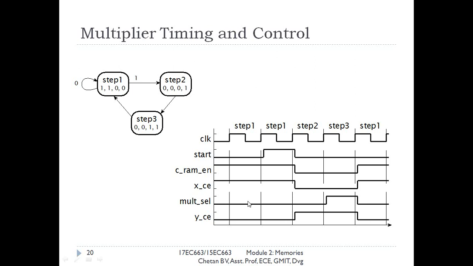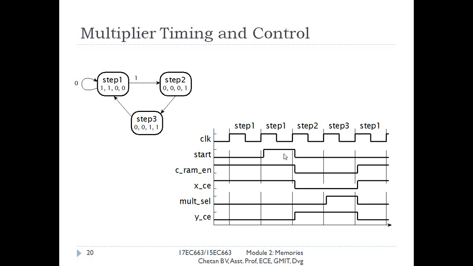When start changes to 1, CRAM enable and X_CE go to 0 and we transit to the second step. In step 1 we will be waiting for this start signal. Once this start signal is 1, we traverse to the second step.